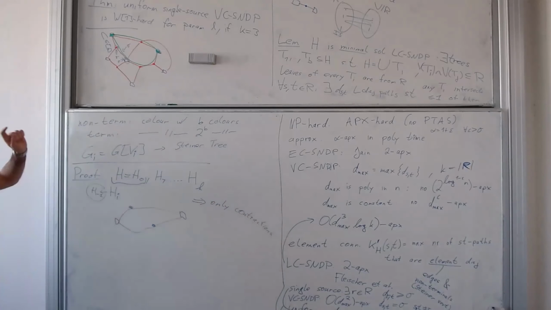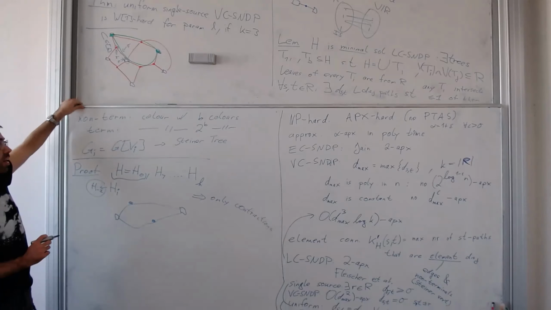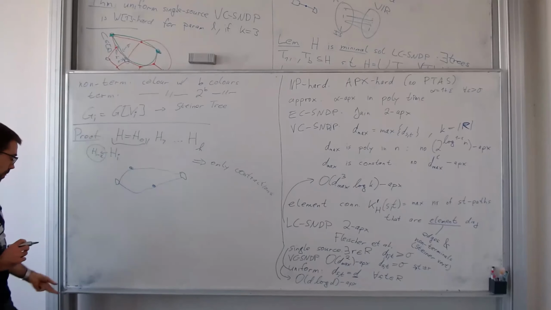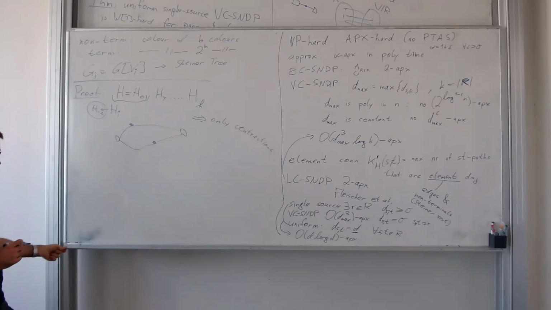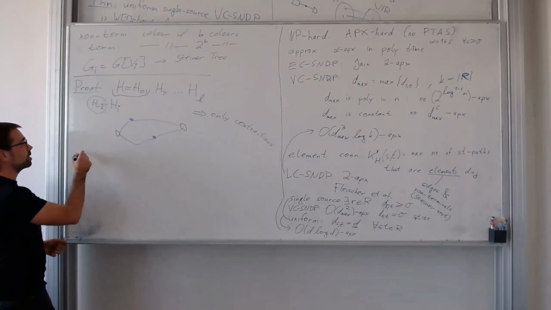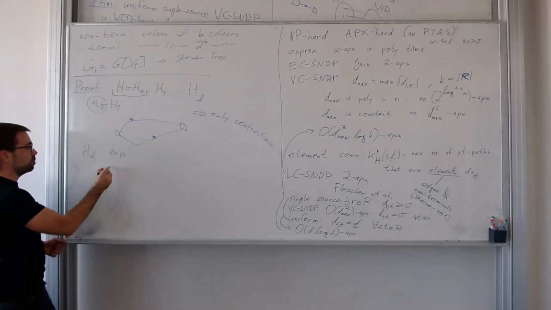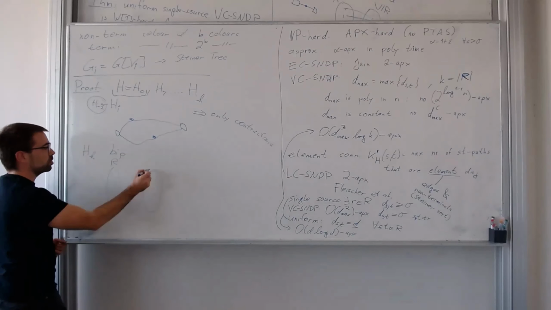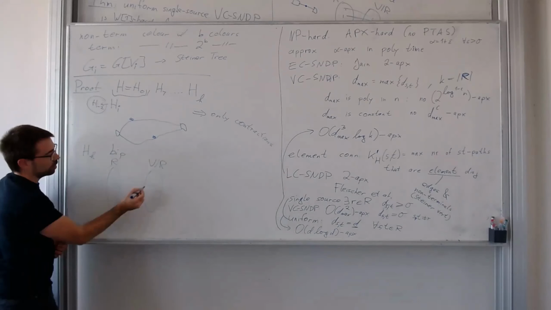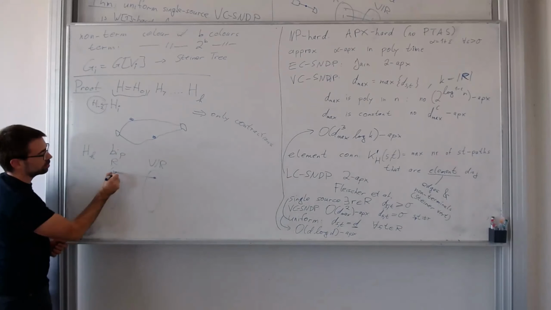And now let's apply this lemma until we have a bipartite graph. So H is some bipartite graph, with the terminals on one side and the non-terminals on the other side. So now we have stars.